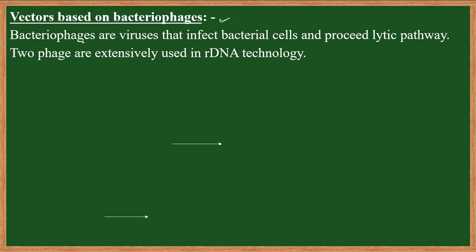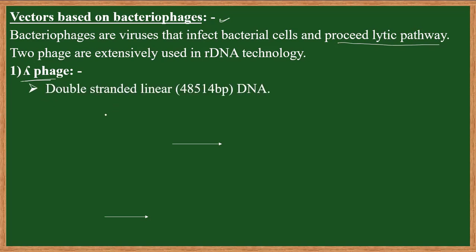Bacteriophages are in the virus category. If a virus infects a bacterial cell, then it is called a bacteriophage, and proceeds through the lytic pathway. Two phages are extensively used in rDNA technology. First we will see the lambda phage, lambda bacteriophage.